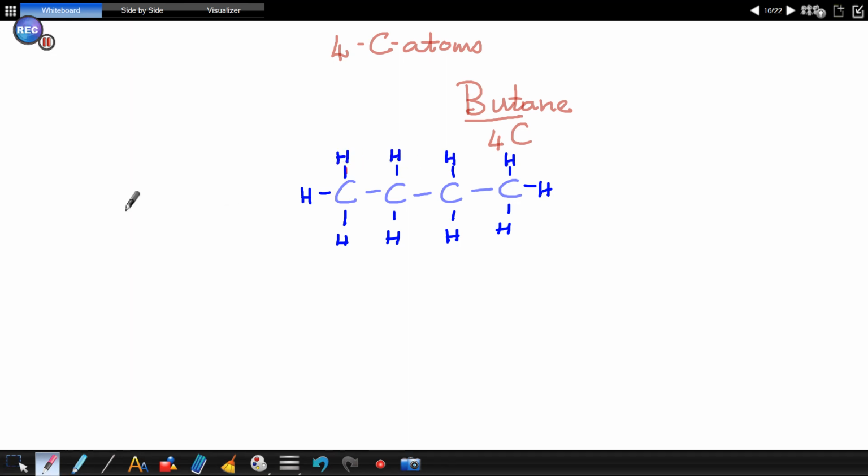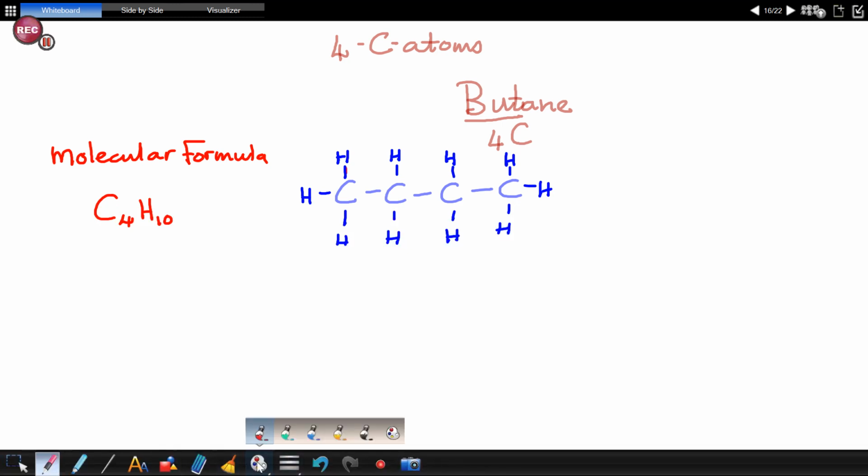What's the molecular formula? C4H10. What is the condensed structural formula?